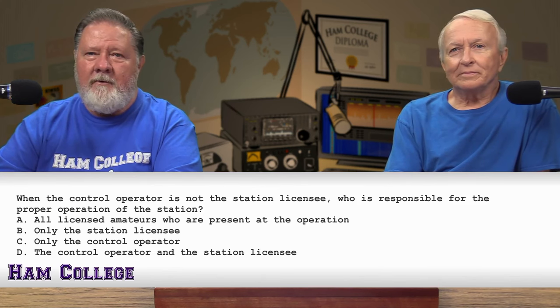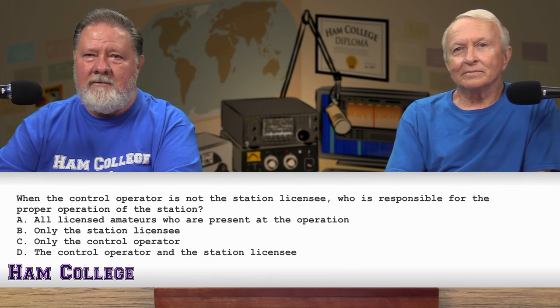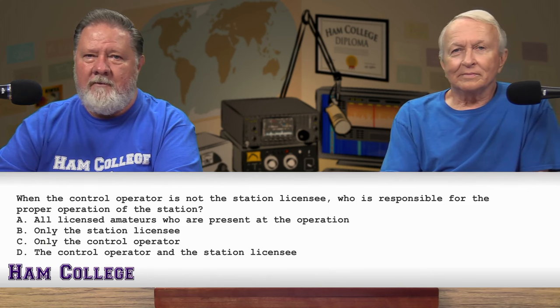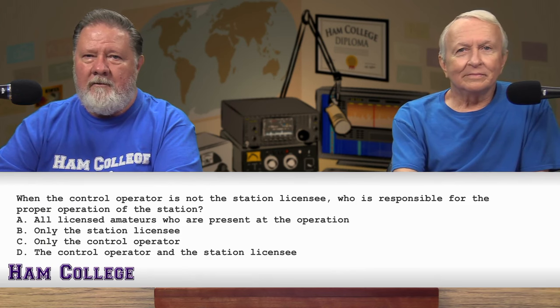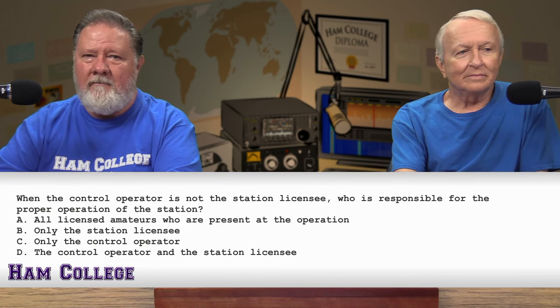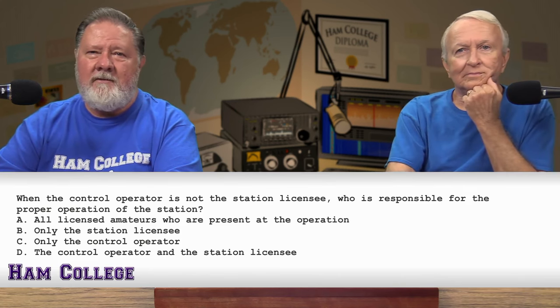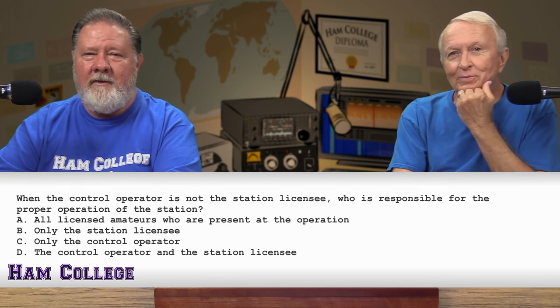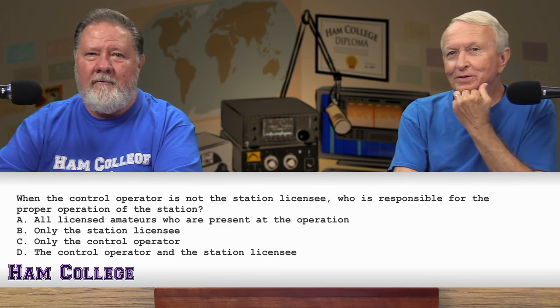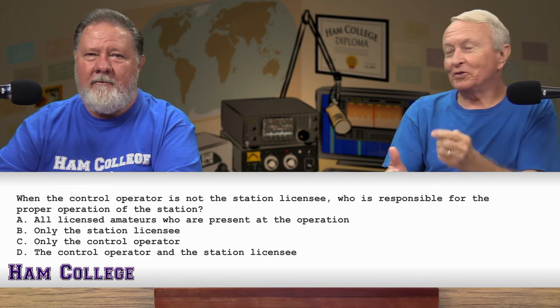When the control operator is not the station licensee, who is responsible for the proper operation of the station? All licensed amateurs. I don't think it's A. Although we're supposed to be kind of self-policing, but I don't think that really falls in there. I don't think you can blame everybody, innocent bystanders.